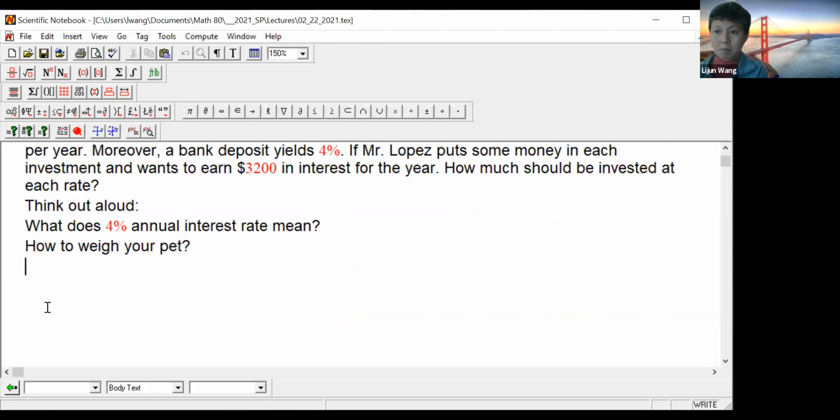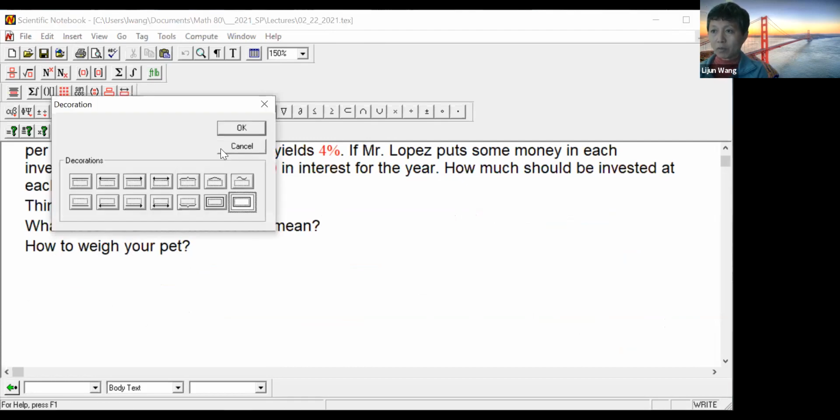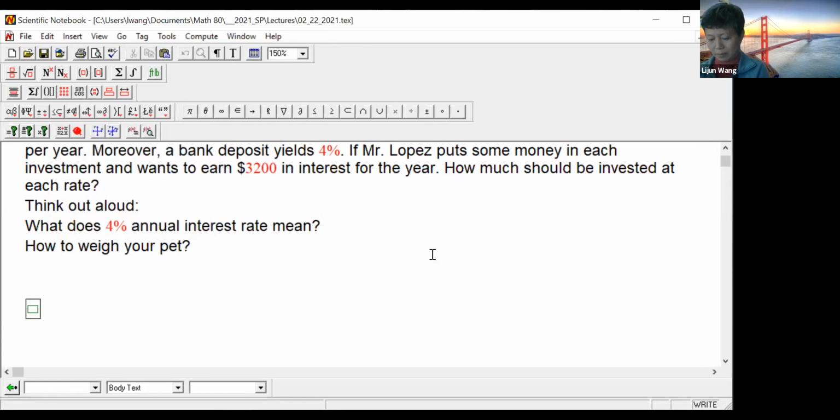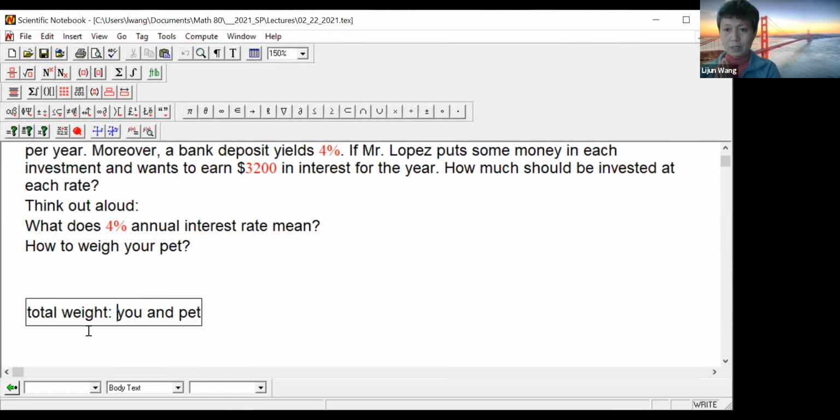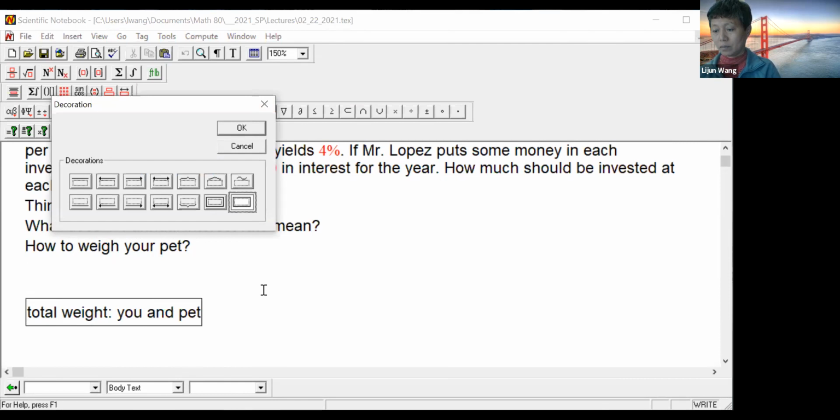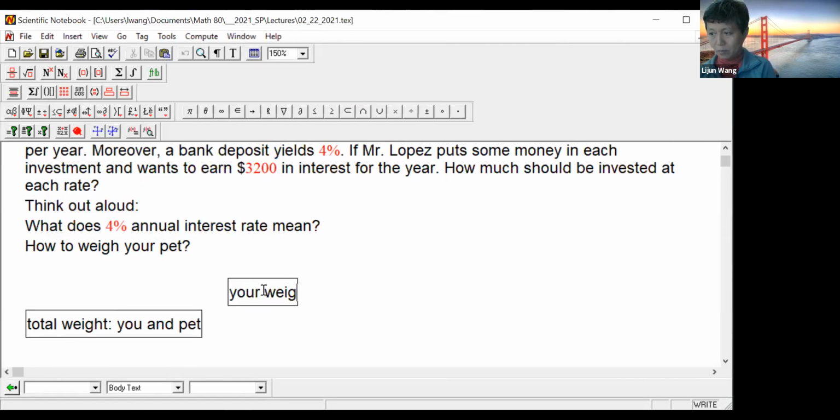Does everybody follow me? Okay, so you have your weight and the weight of your pet. This is a total weight: you and your pet. So you hold your pet and yourself, you step on the scale. And then you're going to weigh yourself. Your weight, right?